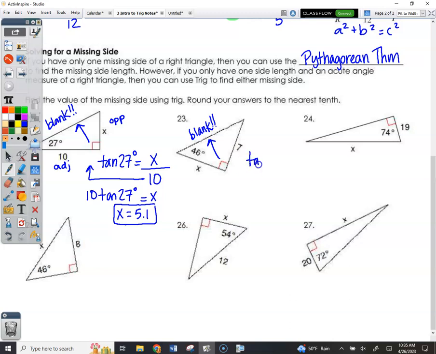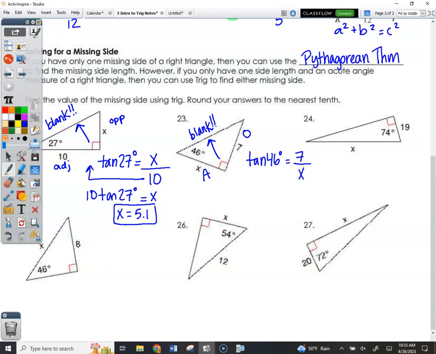Tan, angle measure, 46, equals fraction bar. Now you might be thinking, how do I fill in my fraction? Go back to the picture and label the opposite and the adjacent. 7 is opposite, x is adjacent. So it'd be 7 over x.